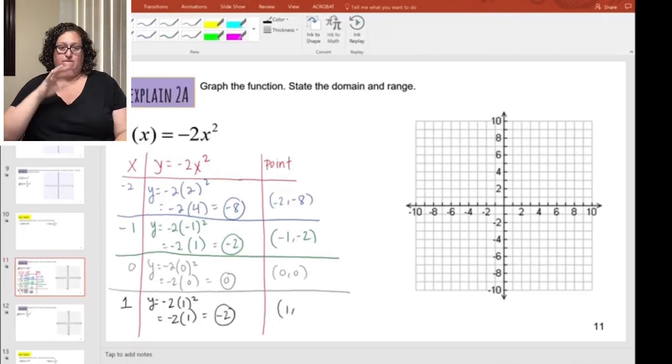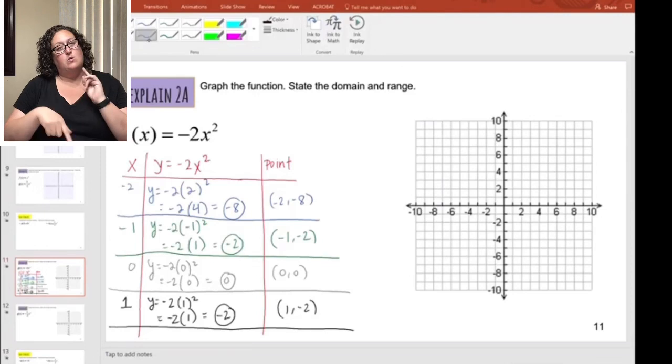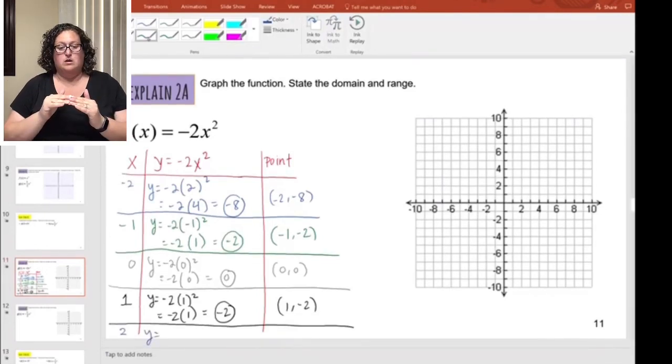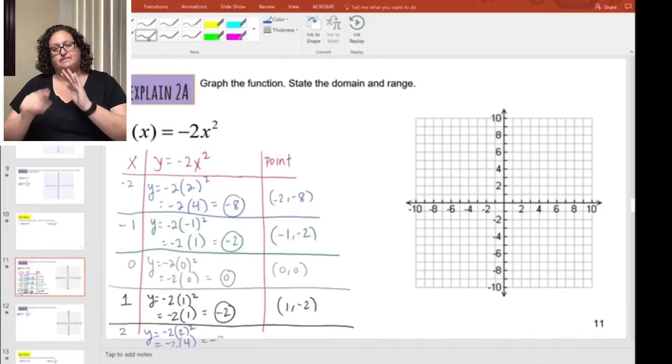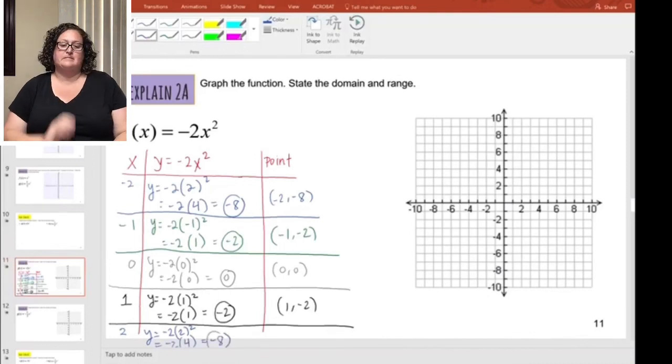Our fourth point is 1 comma negative 2. Finally, when x equals 2, y will equal negative 2 times 2 squared. That is negative 2 times 4, which is negative 8. So our last point is at 2 comma negative 8.